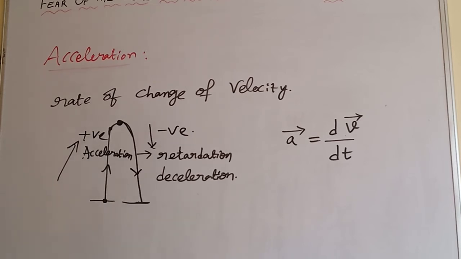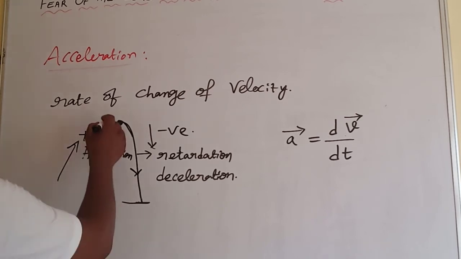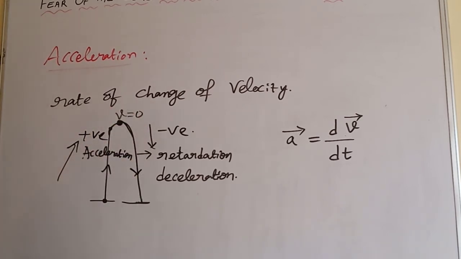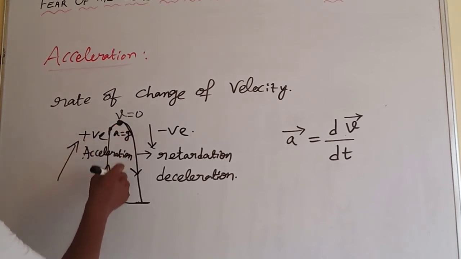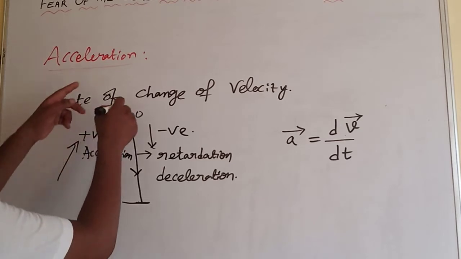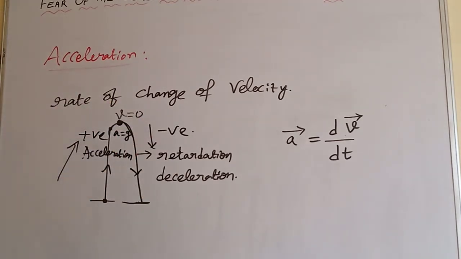For example, for a body projected vertically up, at the highest point velocity is 0 but acceleration is not zero. Velocity becomes 0 and your acceleration is equal to g. G is gravitational acceleration, then only it will come back to the ground.